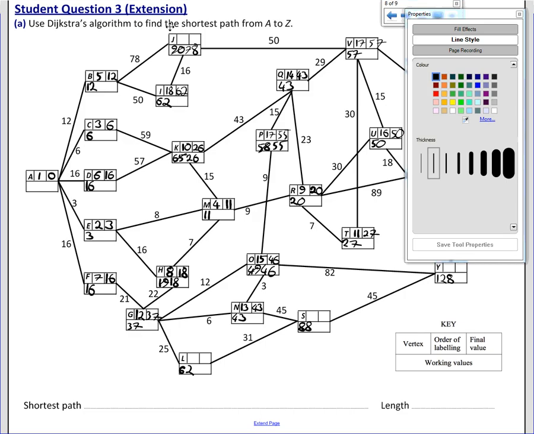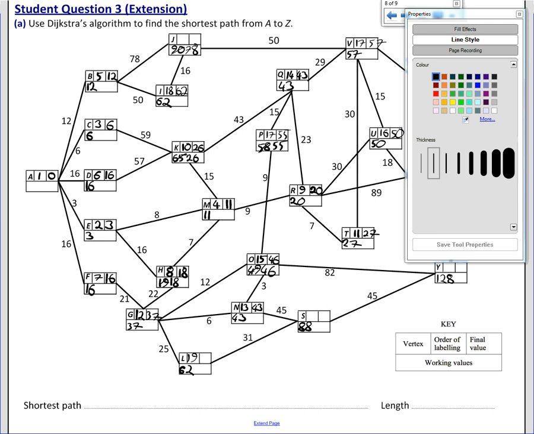Now we're just going to fill in the other 62s. We can go to L here, and that's going to be the 19th, and that means that we can now get to S in 90. Well, it's not an improvement, so that's that one done.